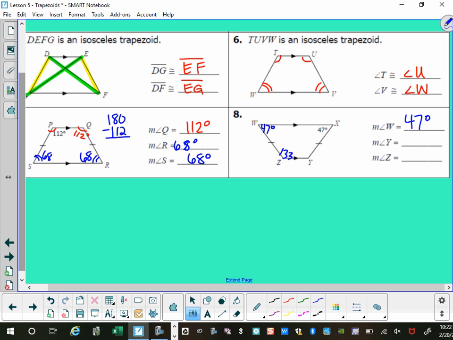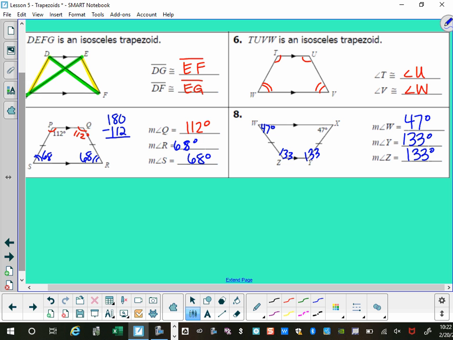So that means that angle Z is 133 degrees. Izzy, if angle Z is 133 degrees, what's angle Y going to be? Yep. You guys see how the two different trapezoids work? The one that looks like it's irregular, we just can't fill in the same numbers. But if it's an isosceles, then we can.